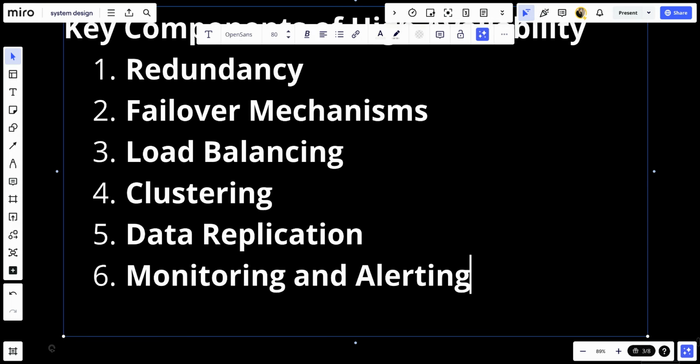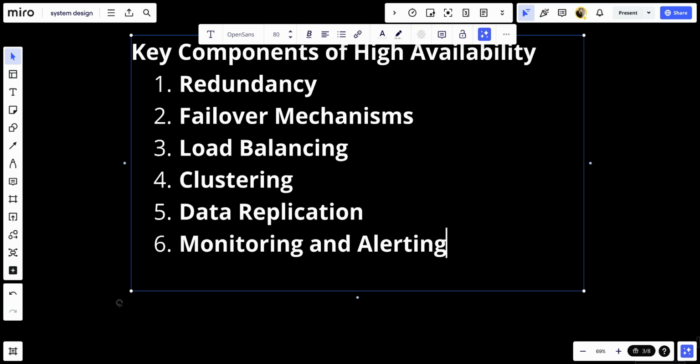Number six, monitoring and alerting. So here, continuous monitoring of system components allows for early detection of potential issues. Alerting mechanisms notify administrators of failures or performance degradation, enabling quick response.